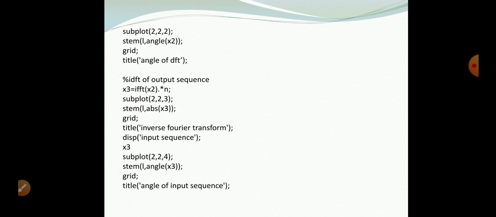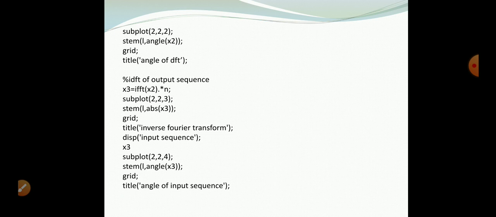And to plot the first figure, we represent it in the format subplot 2, 2, 1. Here L equal to 0 to length of x2 minus 1, and stem L comma absolute of x2 means we are plotting the absolute value, the magnitude of the DFT, in the first graph, and it is represented in grid format, and title display x2 is given to display the x2 values in the command window.